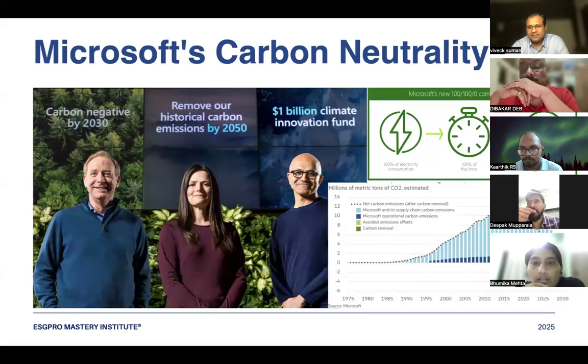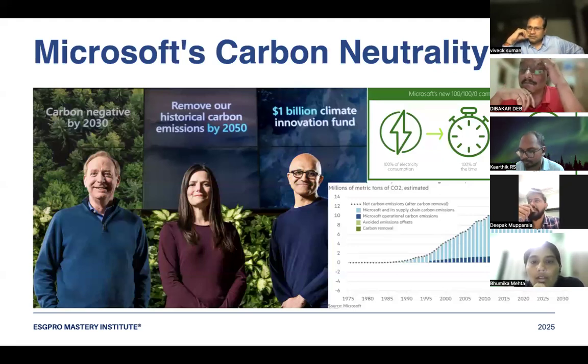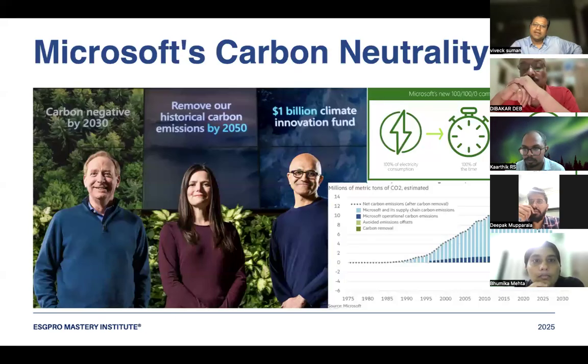They are using 100% electricity consumption and 100% of the time from renewable energy. But as explained earlier, the $100 billion fund, how they are going to achieve it is the question. Very good.